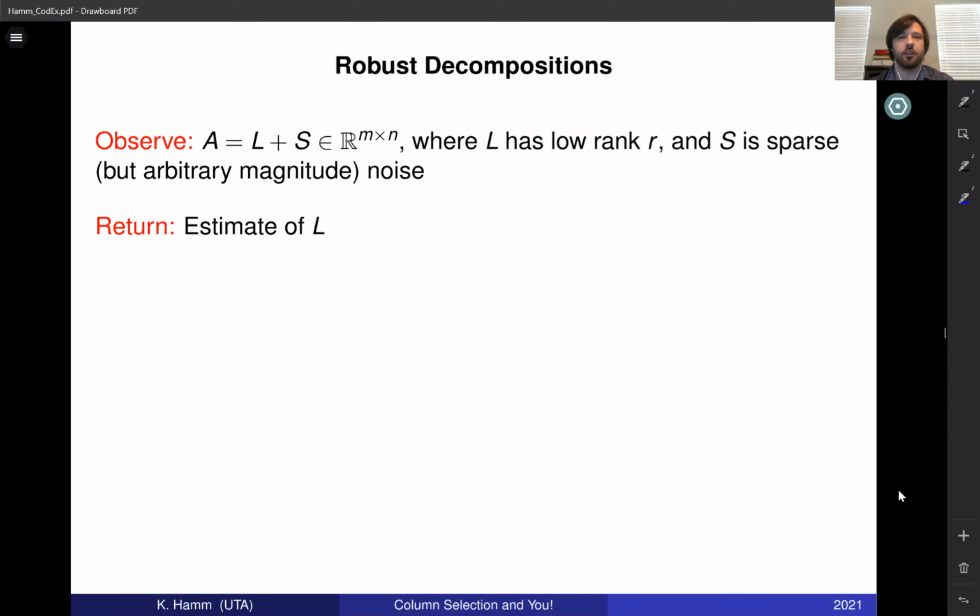The Robust PCA framework is: I'm going to assume that I observe a data matrix, which is an actually low rank matrix L, of rank r, plus a sparse noise matrix S. S has few non-zero entries, but they can be of arbitrary magnitude. My goal is to return an estimate of L. But I'm going to focus on the simplest case. I could add a small noise perturbation here, and the analysis will go through in some sense, but I'm just going to worry about the low rank plus sparse model.